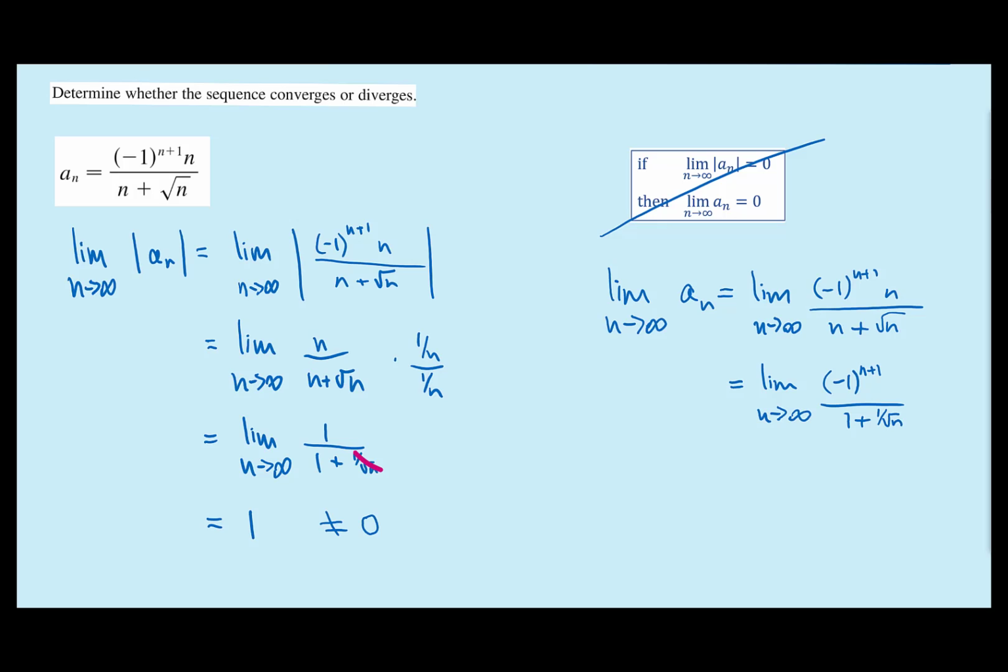The 1 over root n here is still going to go to 0. So we're left with negative 1 to the n plus 1. That's just going to bounce back and forth between negative 1 and positive 1. The limit does not exist, and the sequence diverges.